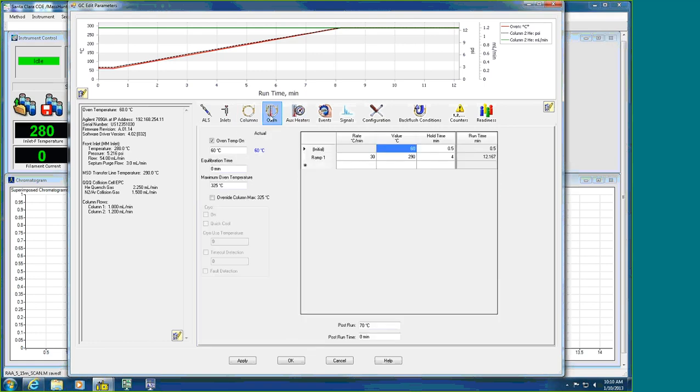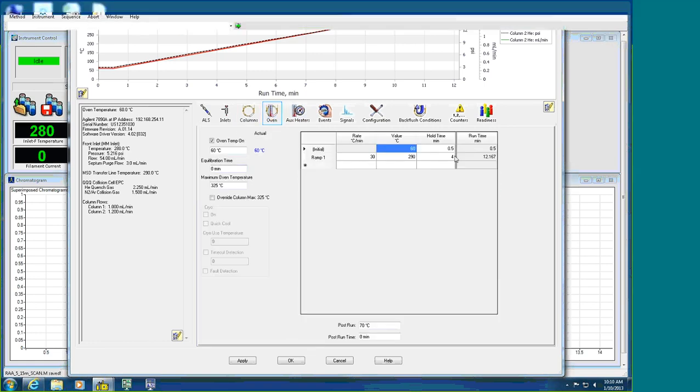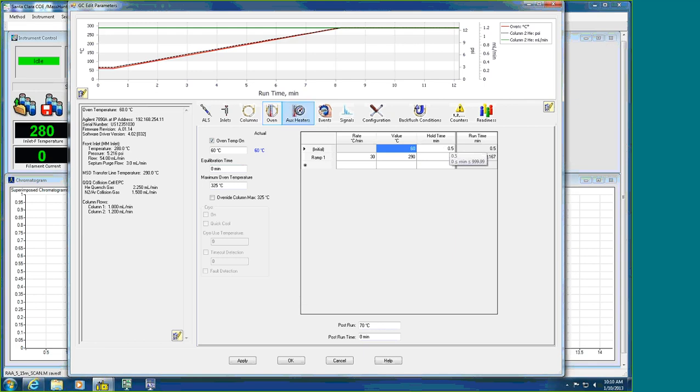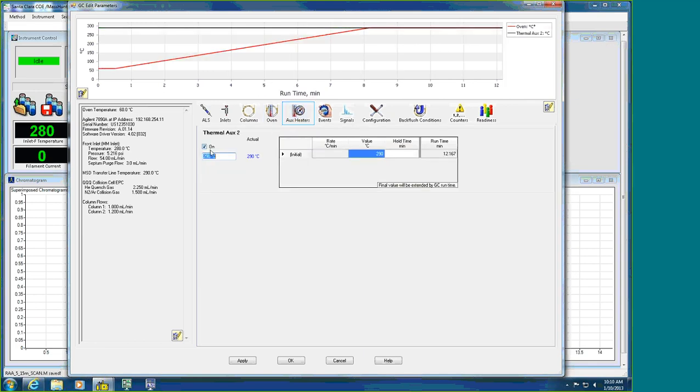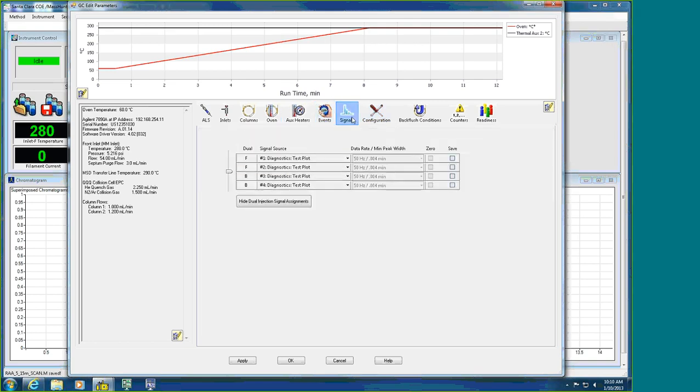Okay. In terms of setting up your oven parameters, that's still very similar to what you're used to doing today. And the transfer line temperature is still controlled from here. If you have events or signals from secondary detectors such as ECD or FID, you can set up those there.